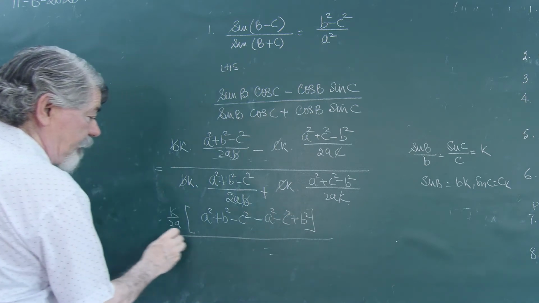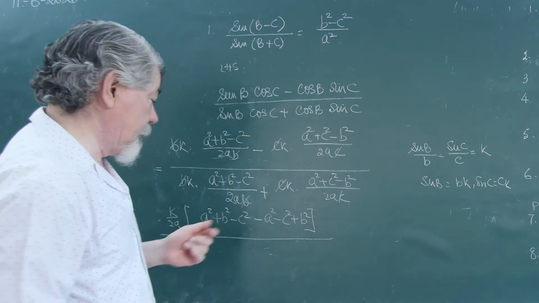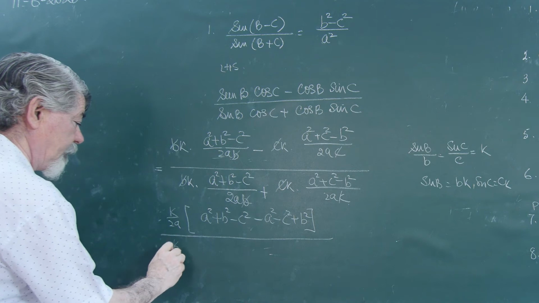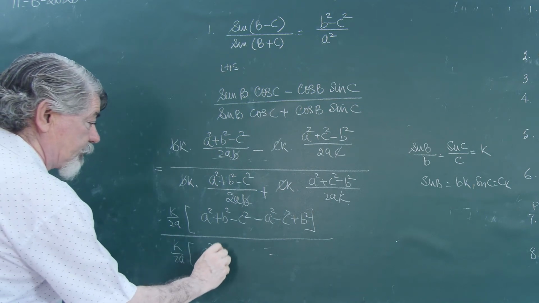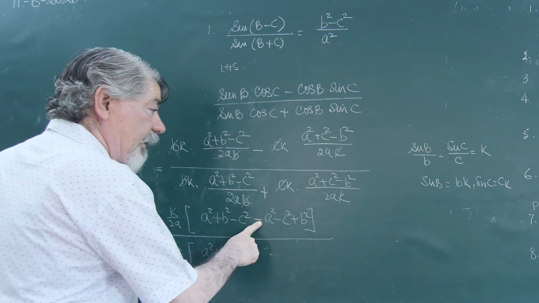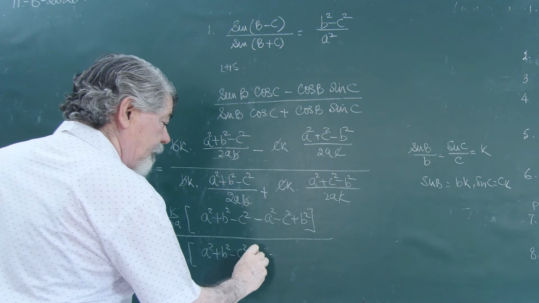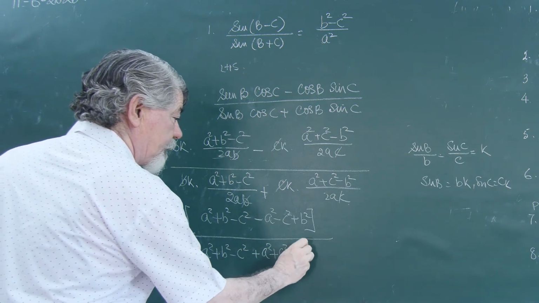It will be divided by the denominator, where again I have k upon 2a as common, and it will be a square plus b square minus c square, and here instead of minus it is plus, so there will be no change of sign: a square plus c square minus b square.